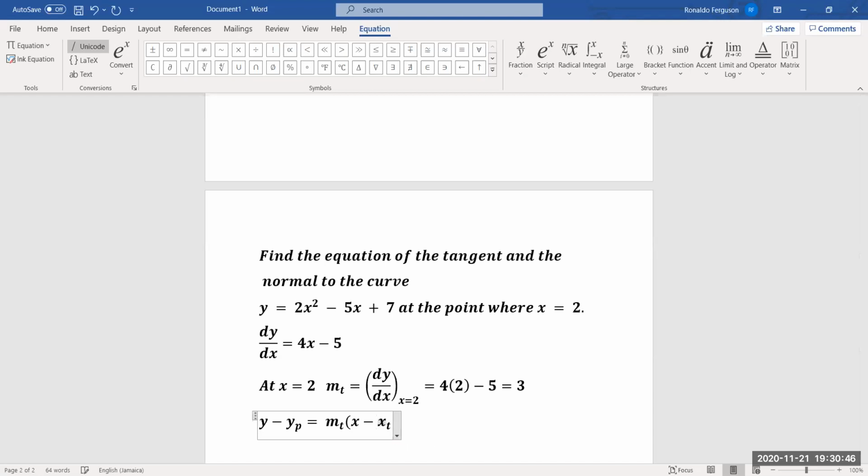Now my question to you, Marika, is what are we going to substitute for xp and yp to get the equation of this tangent here? What's xp and what's yp?